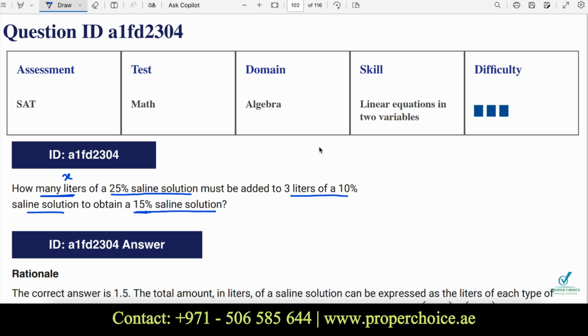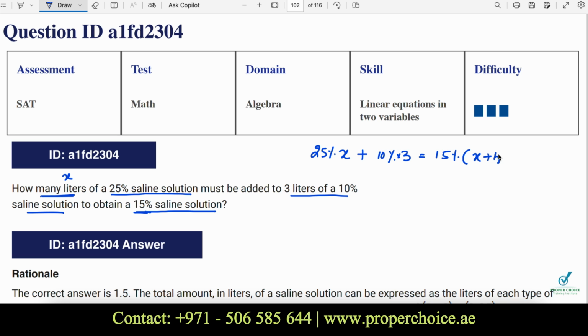So we can set up an equation. 25% of x saline solution combined with 10% of 3 liters of saline solution should be equal to 15% of their combined value.